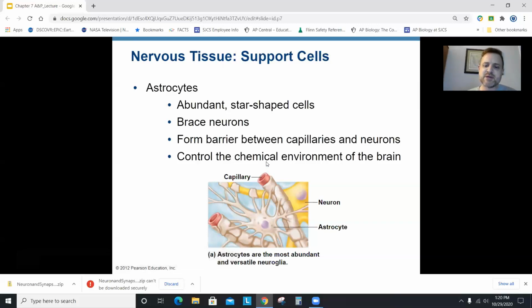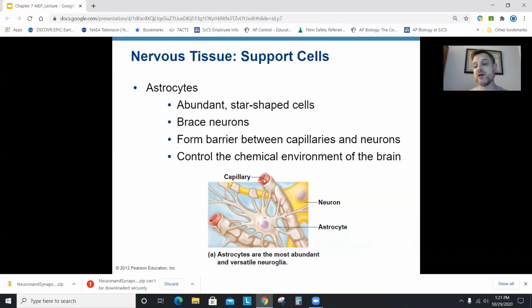Astrocytes. You've seen this picture, this yellow thing is a neuron, and actually the light red things are blood capillaries. These are star-shaped cells. Astro means star, cyto refers to cell, so the word means literally star cell. These cells have projections that grab onto neurons, and they can also grab a blood capillary.